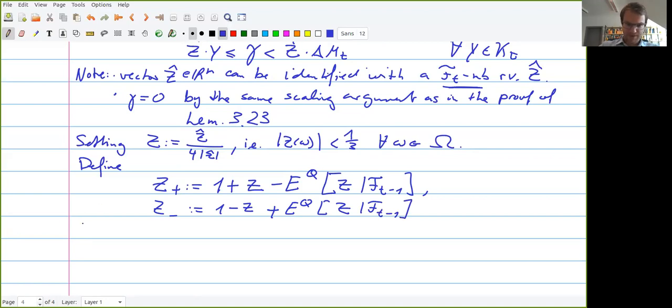These are our densities. The first thing, and this is why we did this little rescaling of Z hat, is that Z plus and Z minus are strictly positive, because these two terms are less than 2/3. So we can really define equivalent measures.